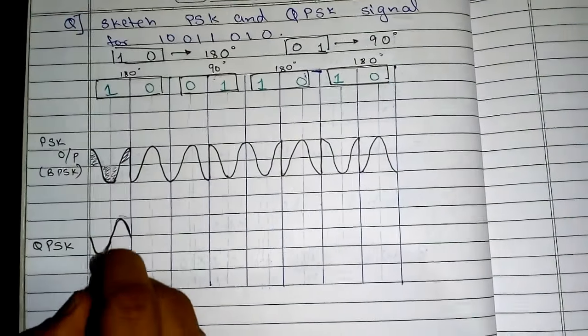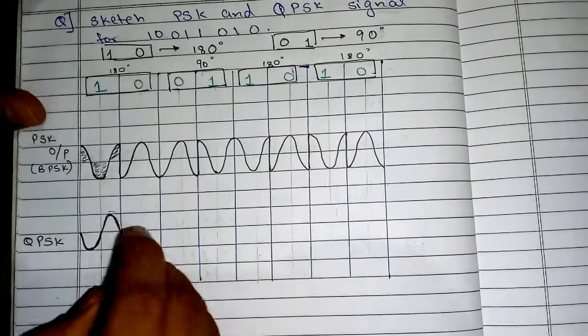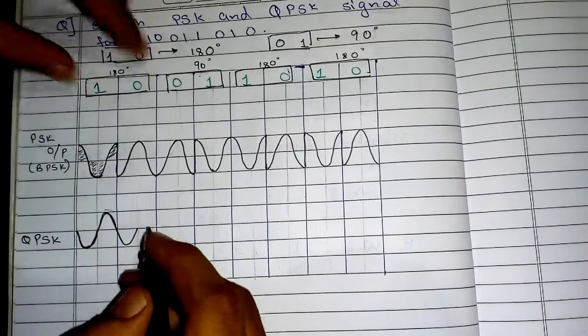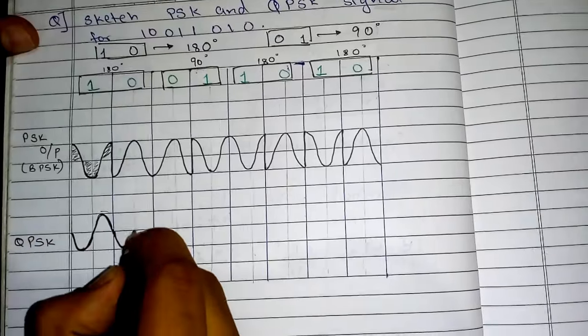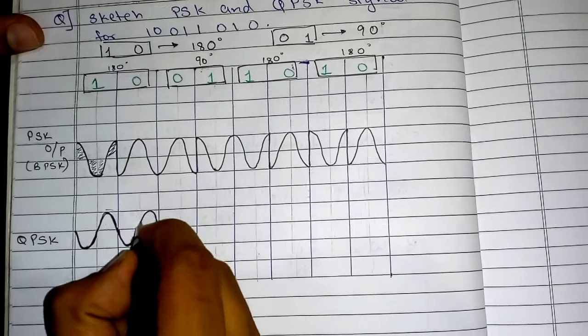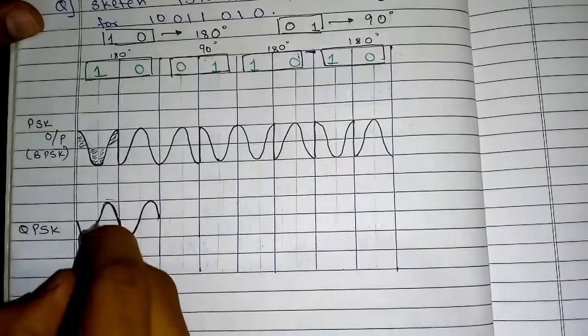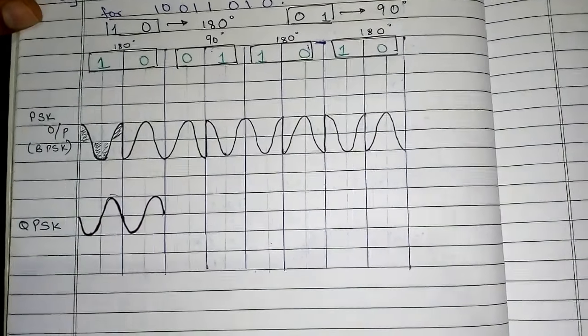So for this one it covers the whole 180 degrees, and for 0 the same thing applies because these two form one pair. So this will also start and cover 180. So this is 180, 180, 180, 180.